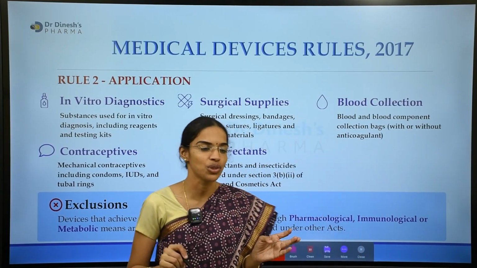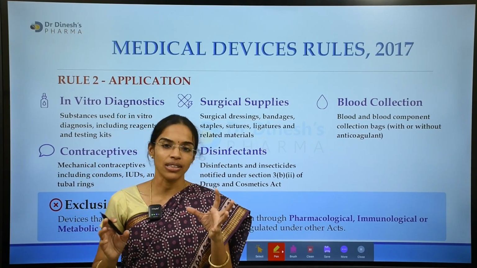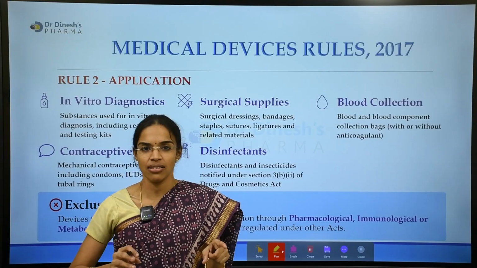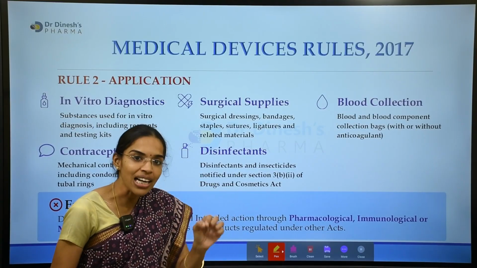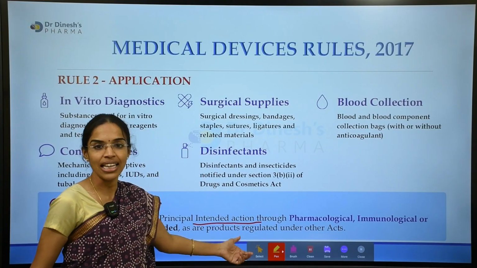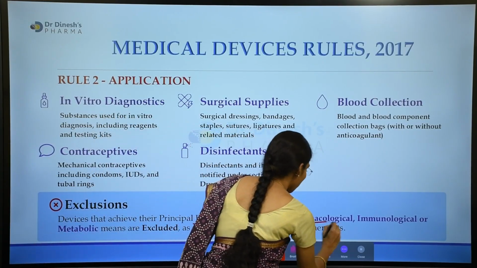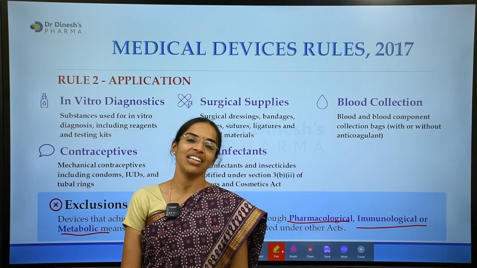The exclusions also cover certain medical devices, those whose intended action is through pharmacological, immunological or metabolic activity.